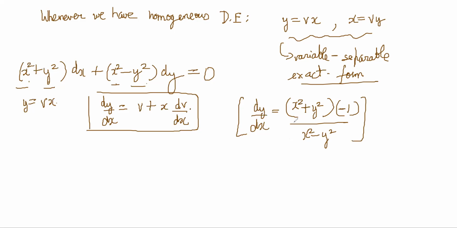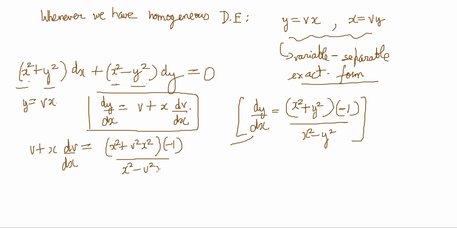And now I have put the substitution. So this side becomes v plus x dv by dx is equal to, now y is equal to vx, so this becomes x square plus v square x square minus 1 by x square minus v square x square, right?